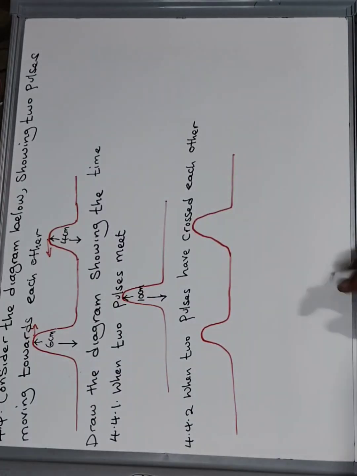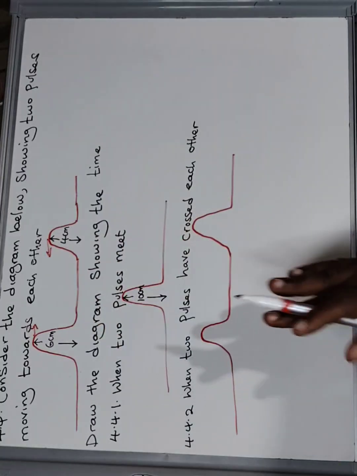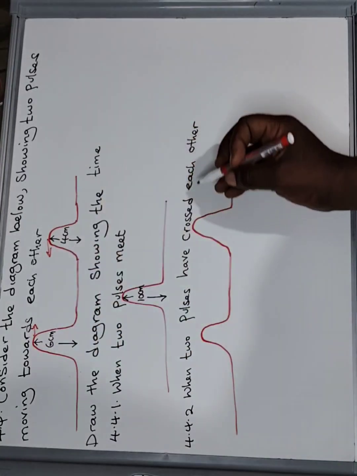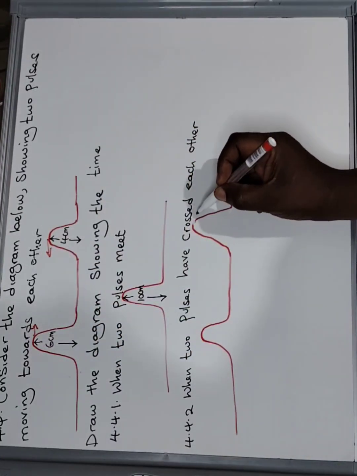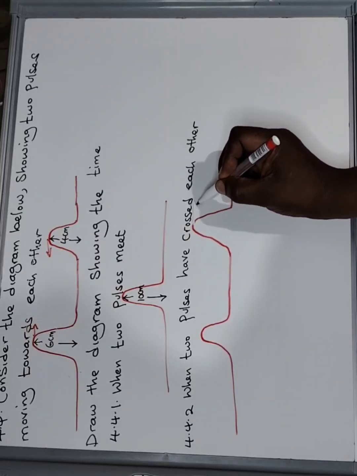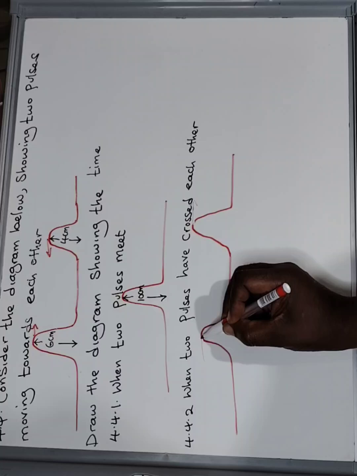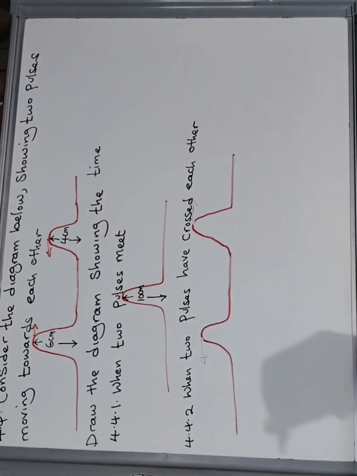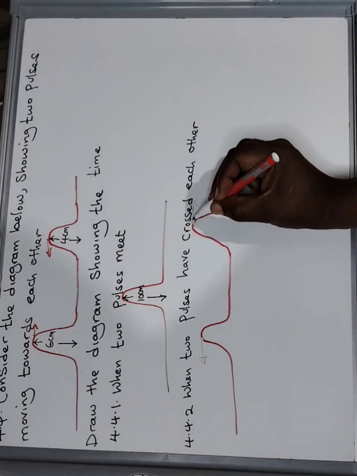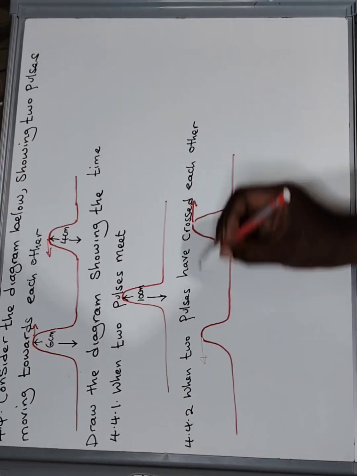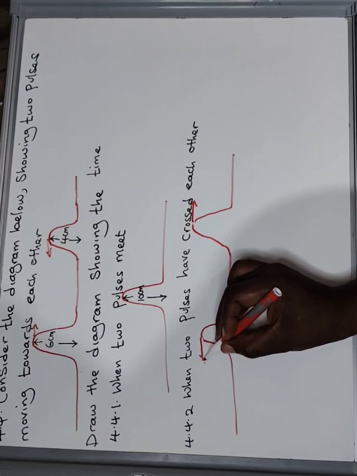And how about the direction? Remember, they maintain the same direction. 6 is moving to the right, and the 4 is moving to the left. So that is what we have. So this is that, and that is that.